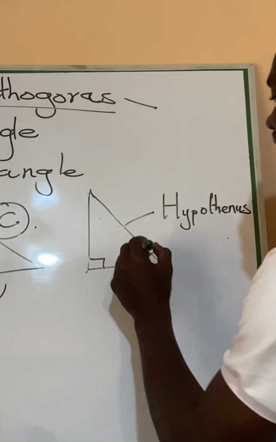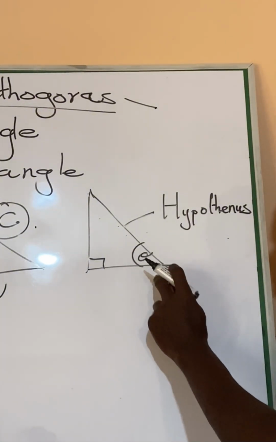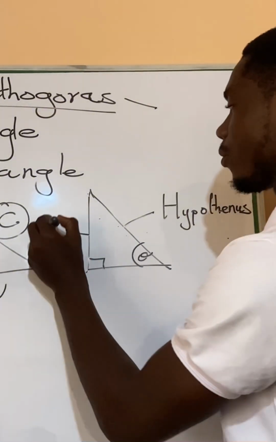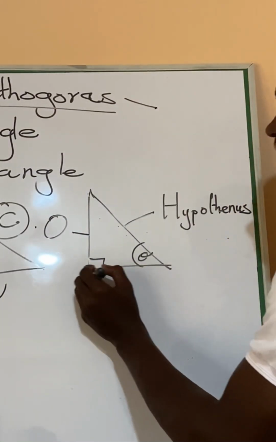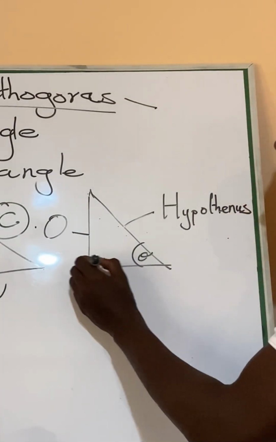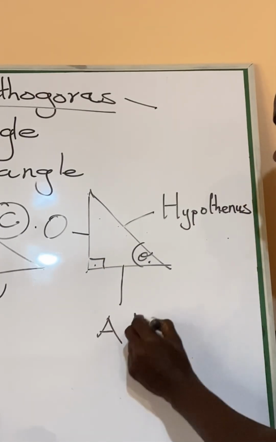And then the side that is opposite the angle given, the theta over here, is what we refer to as opposite. And then the side on which the 90 degrees and the angle sits is what we call the adjacent.